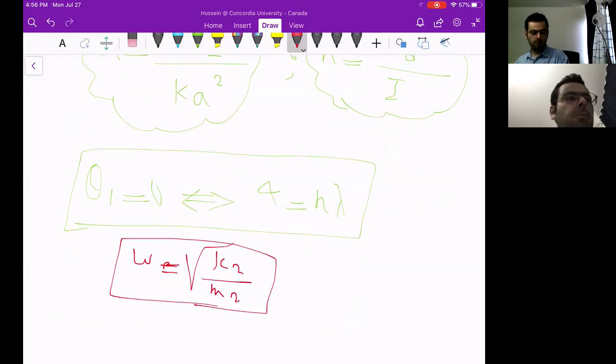In another way, when you make the numerator of x1 or theta 1 zero, you are indirectly trying to put the natural frequency of only the absorber mass equal to the excitation frequency. So these are basically the same.